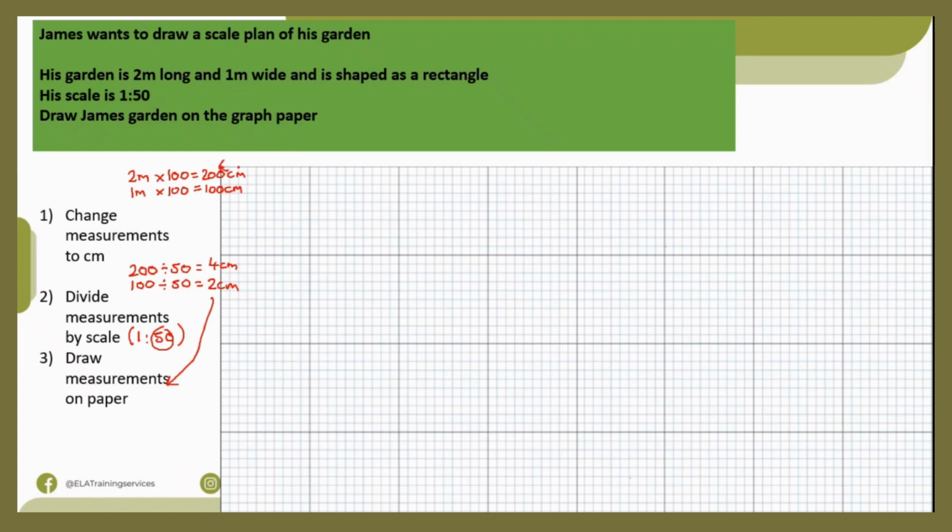So now if every box is 1 centimetre, how many will 4 and 2? So we're going to count 1, 2, 3, 4. We're going to count 2 down, join them together. And then what's really good to remember whenever you're drawing any image is in the centre to make a note of what the image is that you're drawing. And here it's a garden.